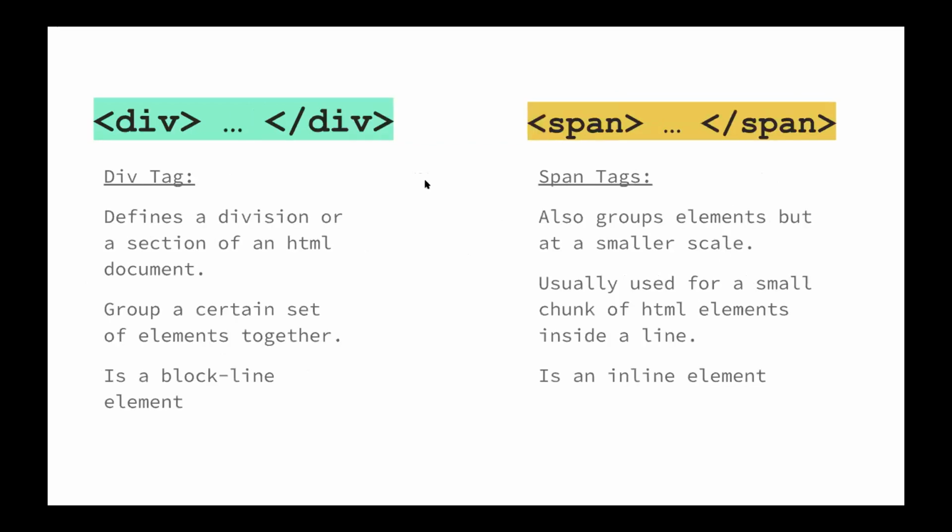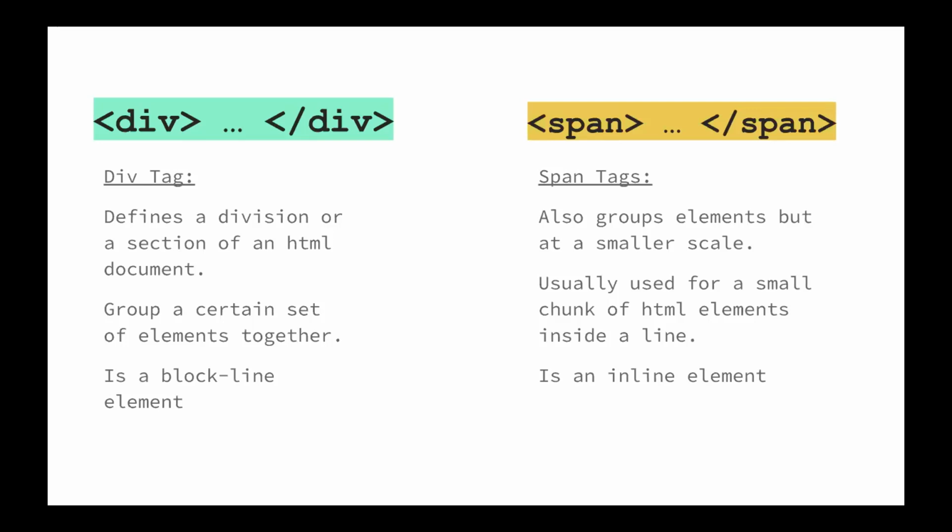We have things called div and span. They work as containers in a way. They group HTML elements together. A div tag defines a division or section of the HTML element. A span is very similar, except we use it on a much smaller scale.